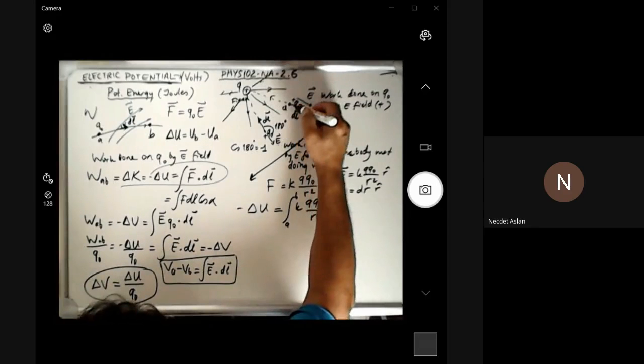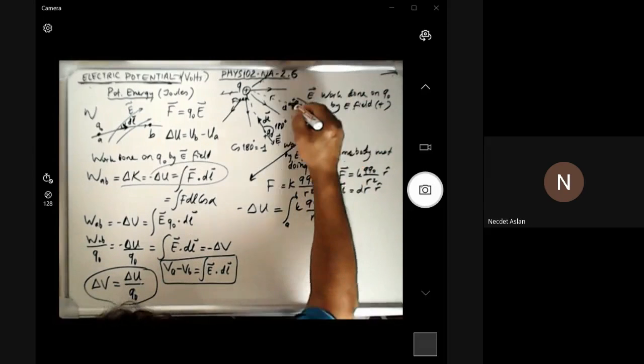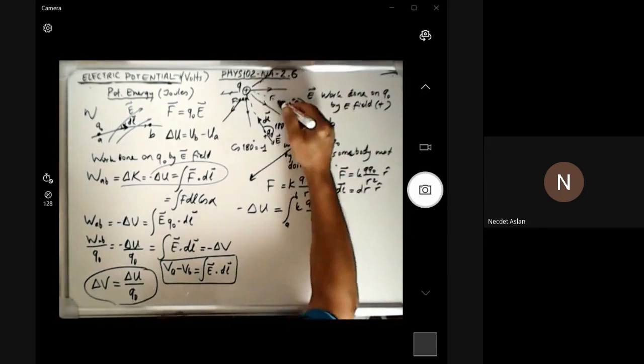Suppose this is point A and this is point B. The charge is moving from A to B in the same direction.